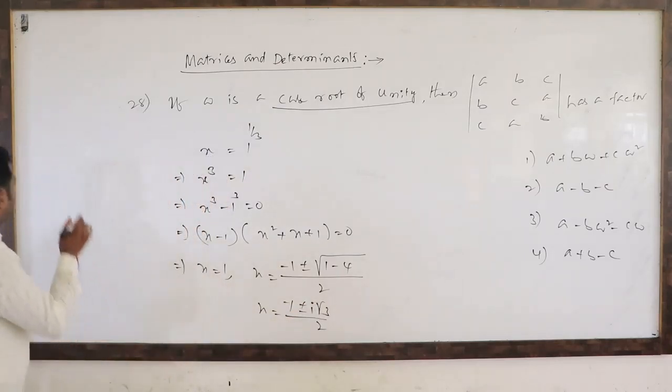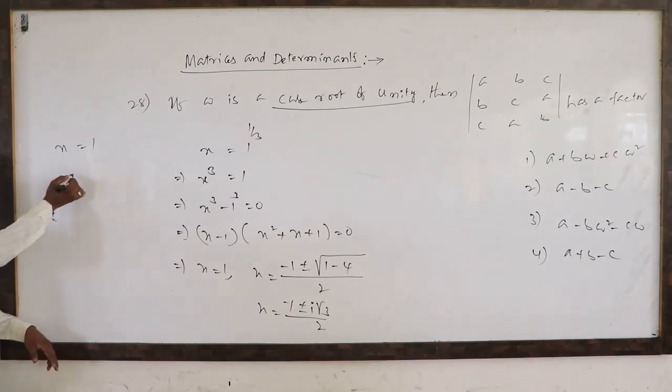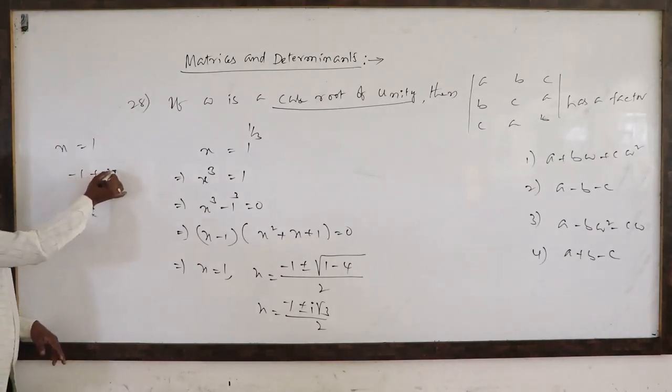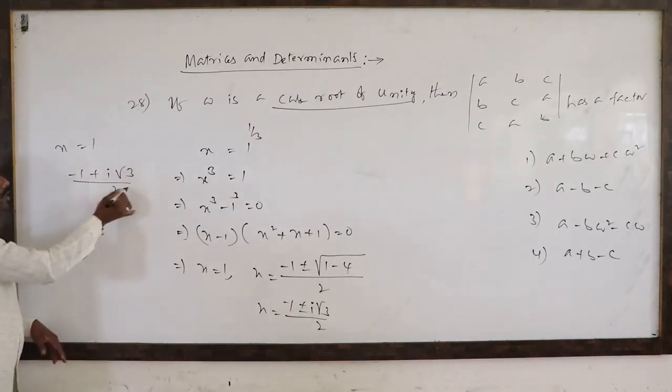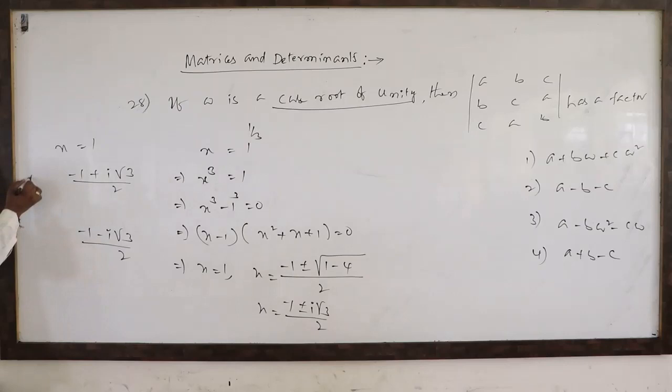So you remember what the roots are: 1 is 1, the second one is minus 1 plus i root 3 divided by 2, and minus 1 minus i root 3 divided by 2. So this we are representing as omega. Omega means minus 1 plus i root 3 divided by 2. These are the notations. The cube roots of unity are 1, omega.